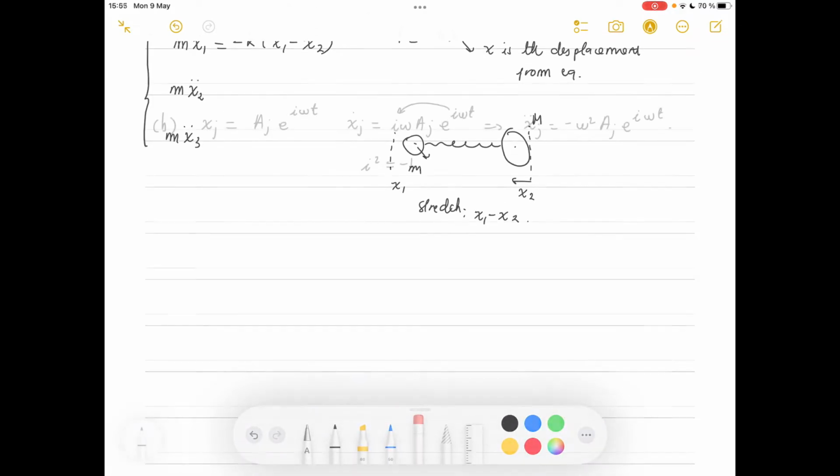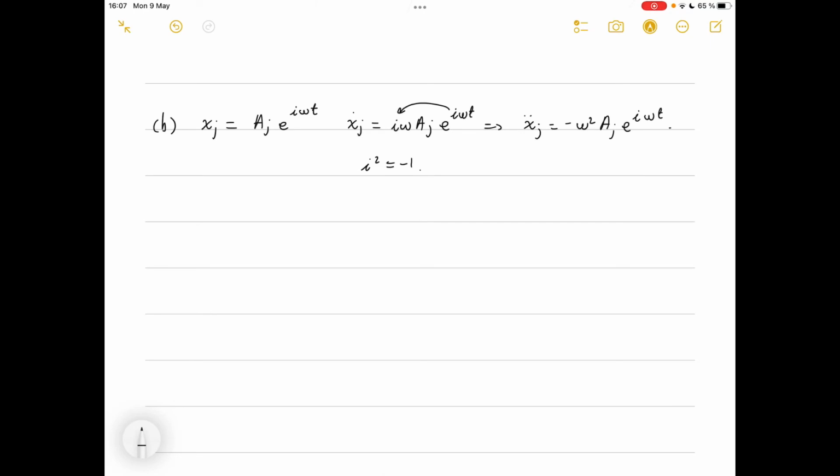Now that we've done this, we can essentially plug this into our equation.